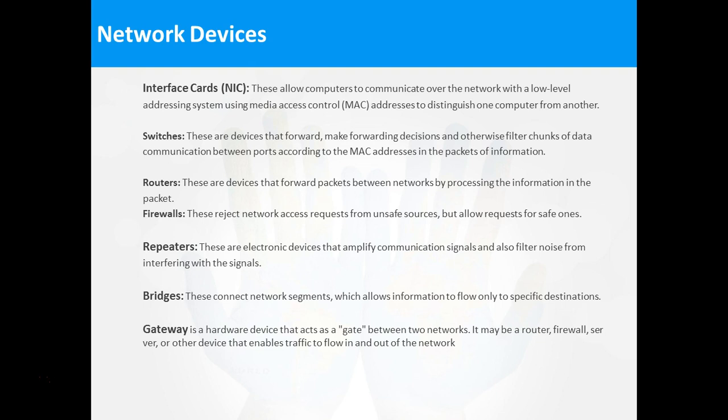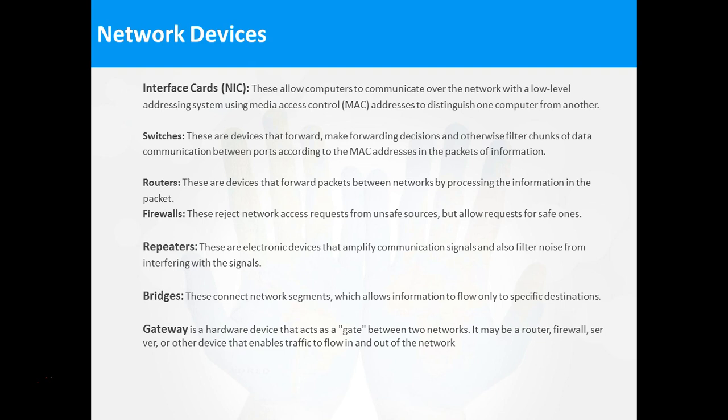The next one is a switch. A network switch is a high-speed physical device that connects multiple computers or devices using packet switching. Switches are also called a switching hub or a MAC bridge.